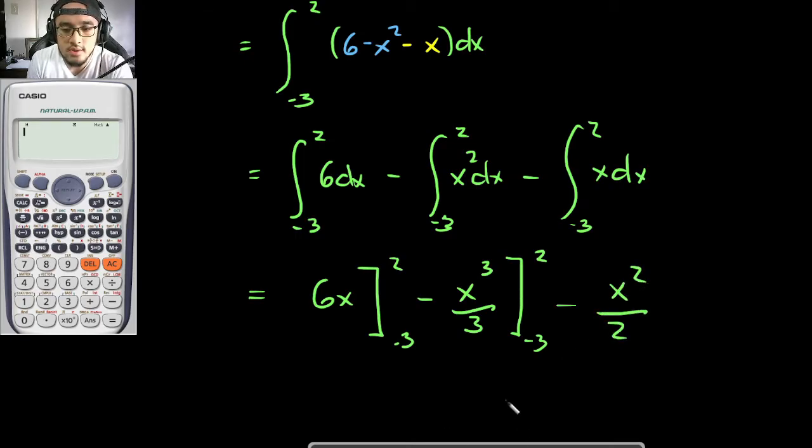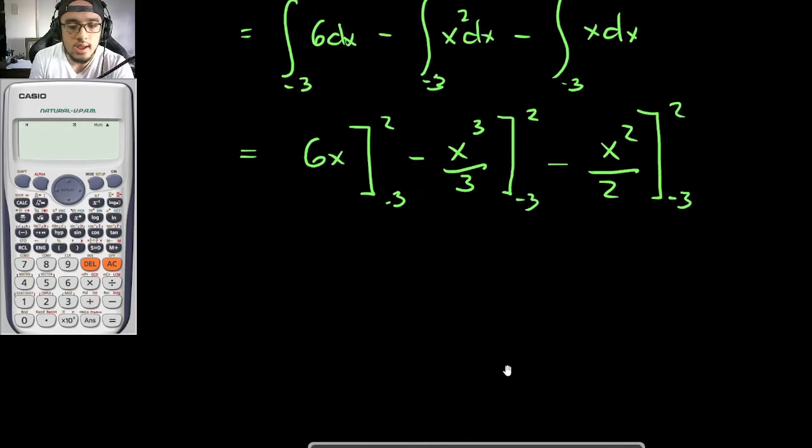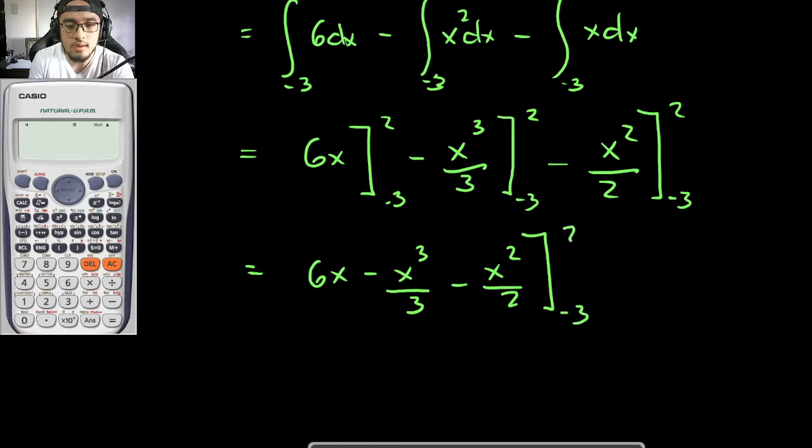I have just used our power formula here. Rewriting this as a whole, this is now equal to 6x minus x cubed over 3 minus x squared over 2, all with the limits of negative 3 up until 2.